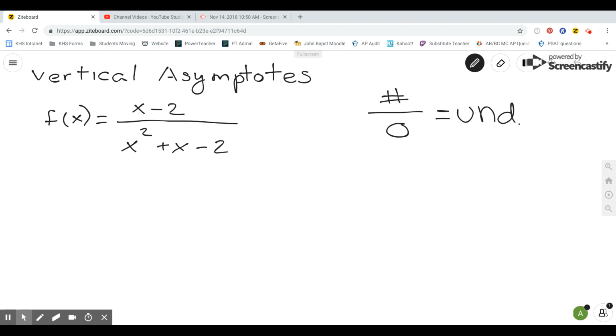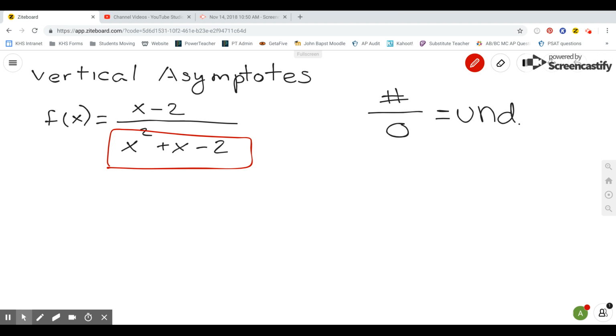And so a vertical asymptote is an x value that when you plug in, you get undefined for your y. So what I want to look at is my denominator, and I want to know when that equals 0. And I'm going to use that to figure out what the vertical asymptotes are.